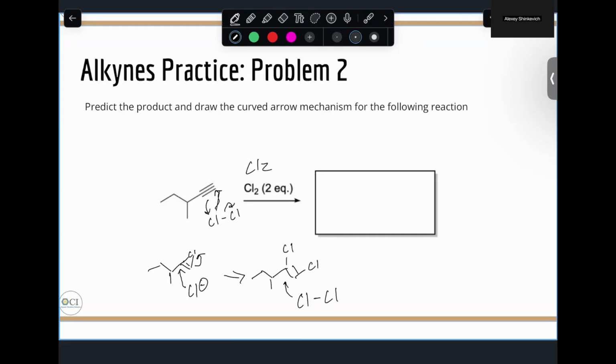So that attacks, and it also attacks back, and that forms something like this. And then we have another chlorine, which will attack here. Remember, it's attacking there because the chlorine is going to attack on the more substituted side. And that gives us our final product as this.